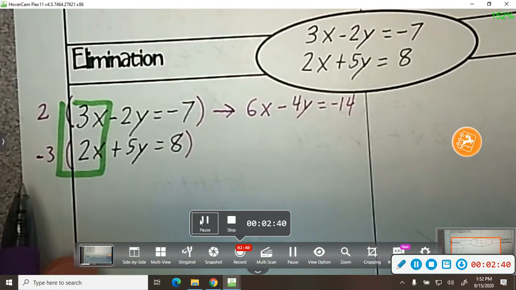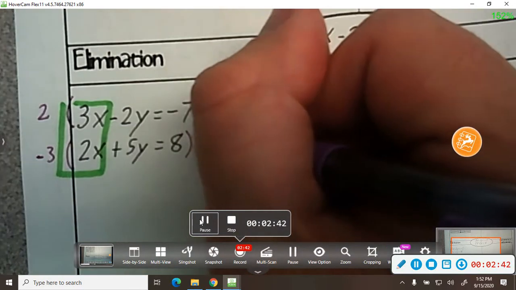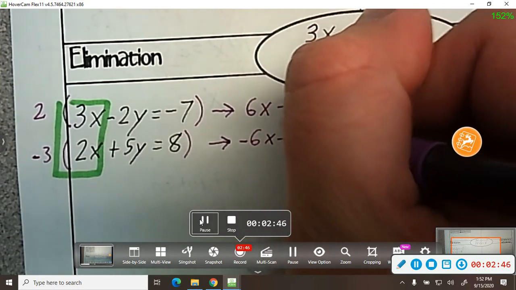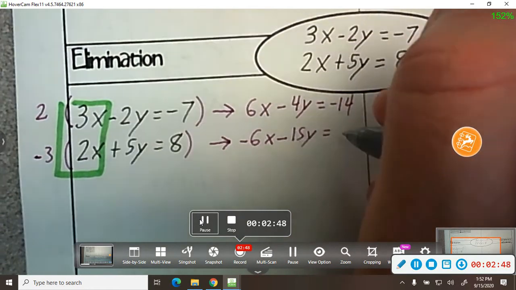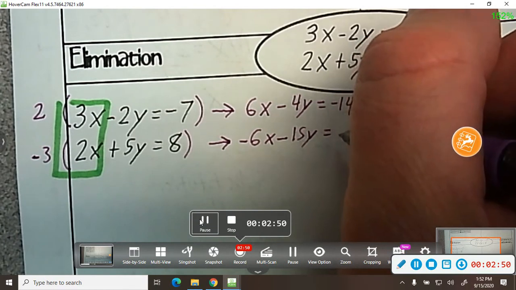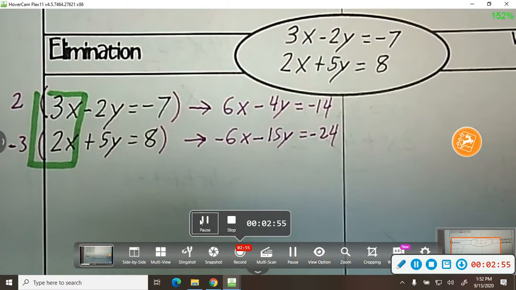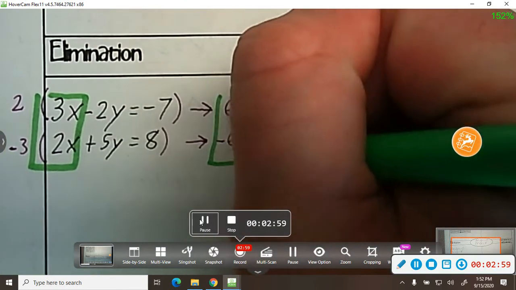And if I multiply this by negative 3, that's negative 6x minus 15y is 8 times negative 3, negative 24. And now you can see that these are opposites.